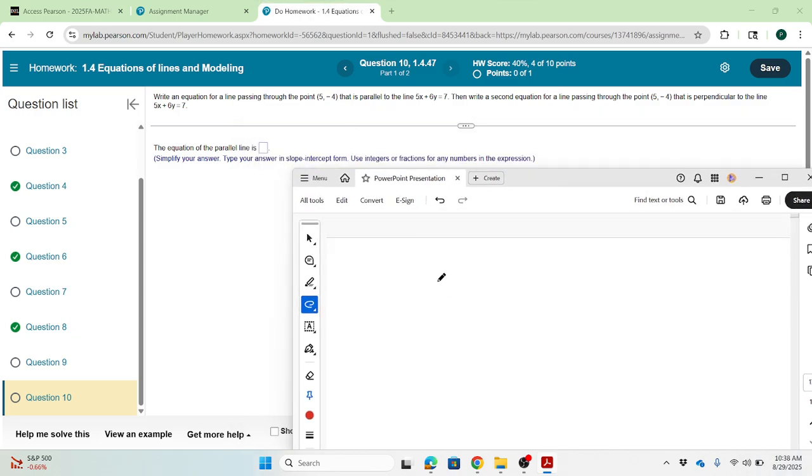Here you are given a point, so you would like to find a line passing through (5, -4). But what is the slope? Since the line we are interested in is parallel to this line, first of all, find the slope of this line. To find the slope of this line, you have to bring everything to the right side.